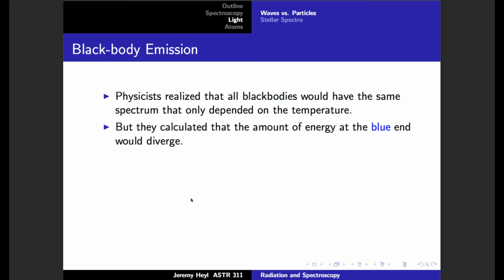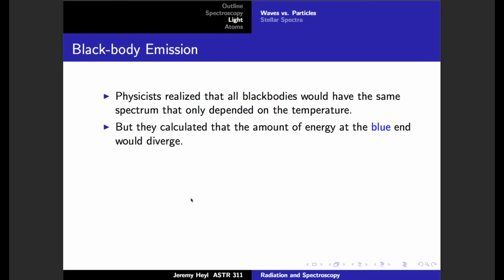They realized it would be brighter and fainter depending on the temperature. But when they calculated how much energy would be coming out of this glowing nail, it was infinite.